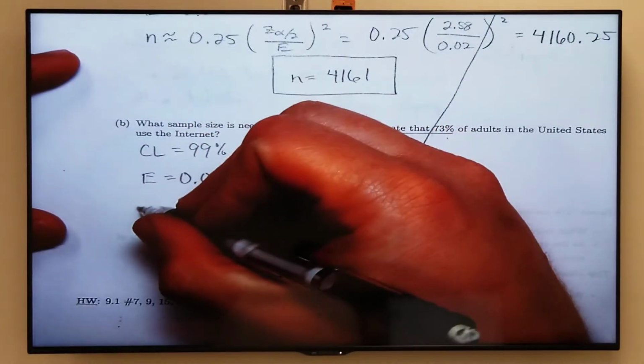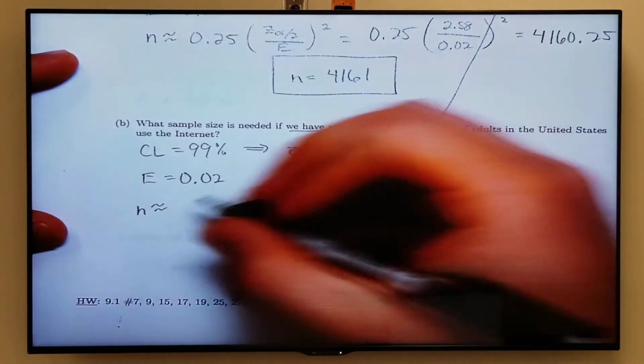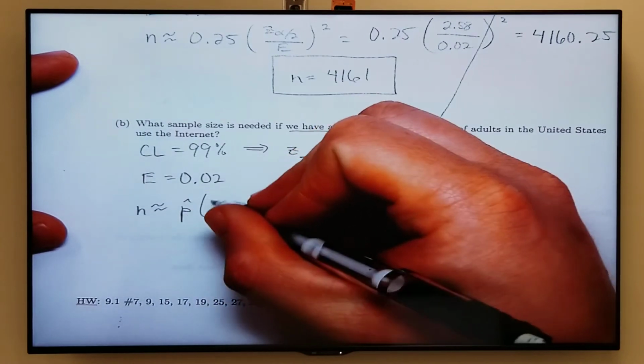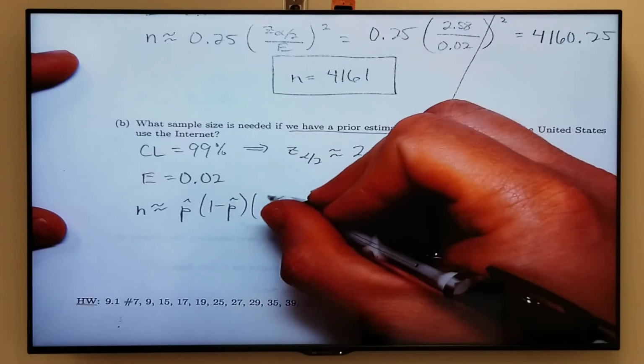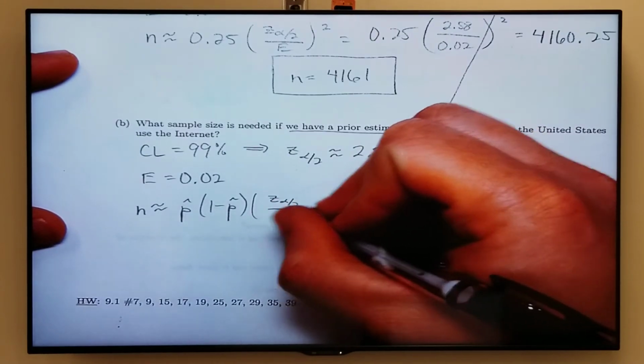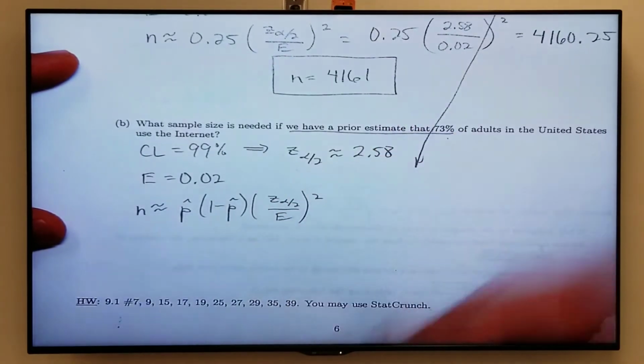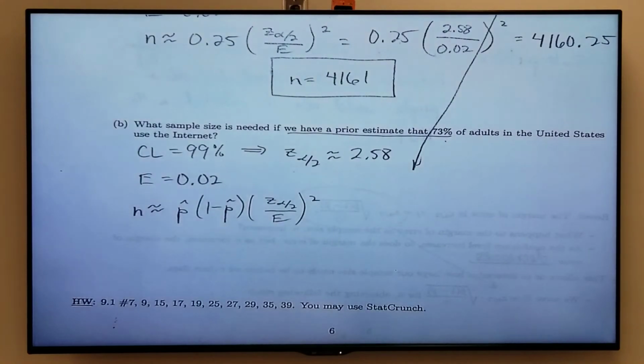We're going to say N is approximately P hat times 1 minus P hat times Z sub alpha over 2 divided by E squared.